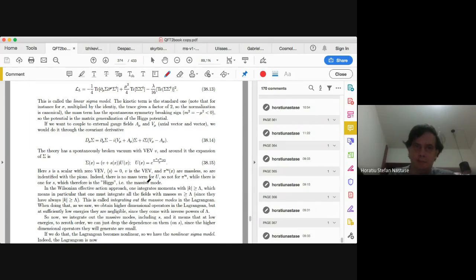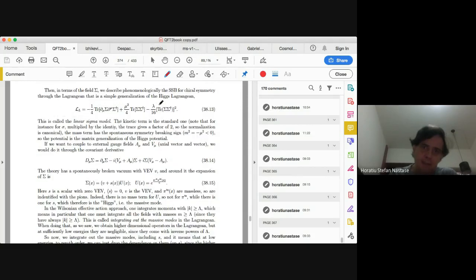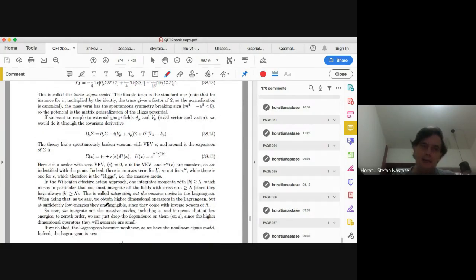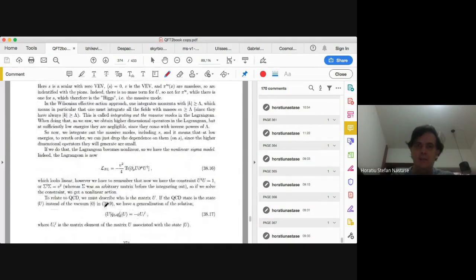And so this pi prime A are identified with the pions. But by expanding this potential, I'll get a mass for S. Therefore, the S is identified with the Higgs, the massive mode. All right.